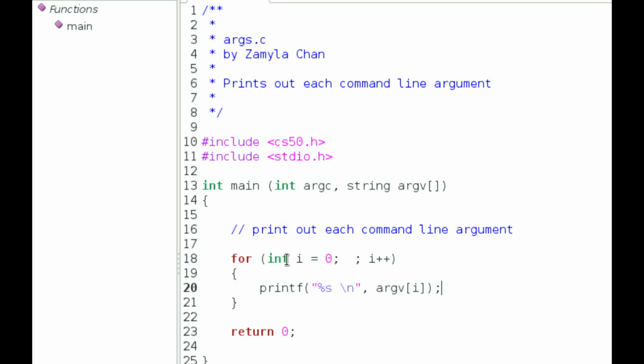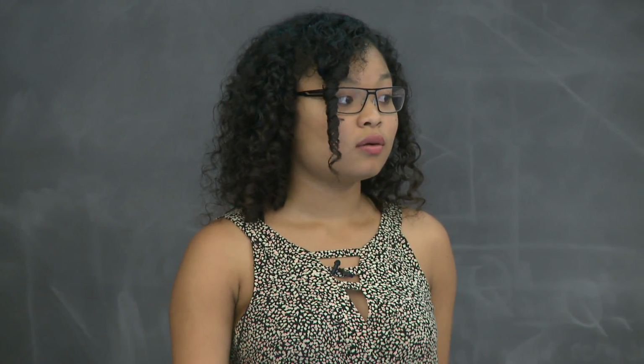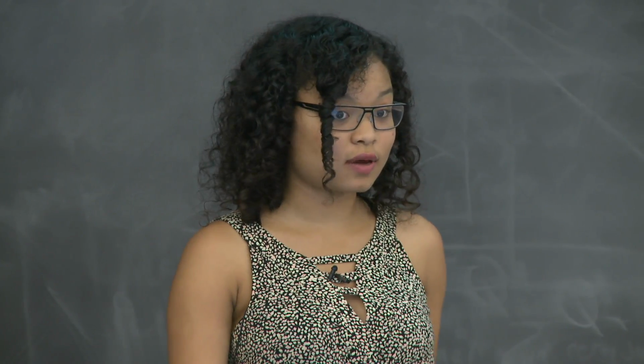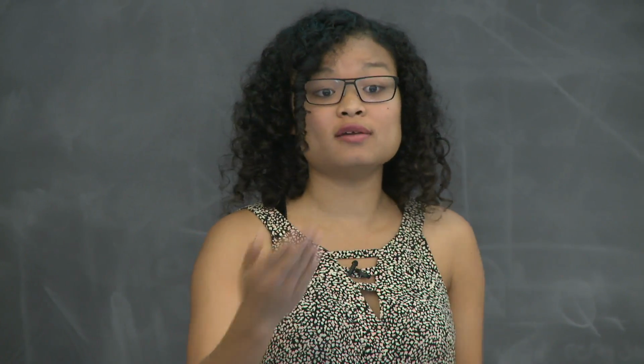All right, so here we have a for loop. We don't have the condition yet. Every time, i starts at 0, and then each time it's going to print the given string at that particular index in the array. So when do we want to stop printing out elements in the array? When we've reached the end of the array.